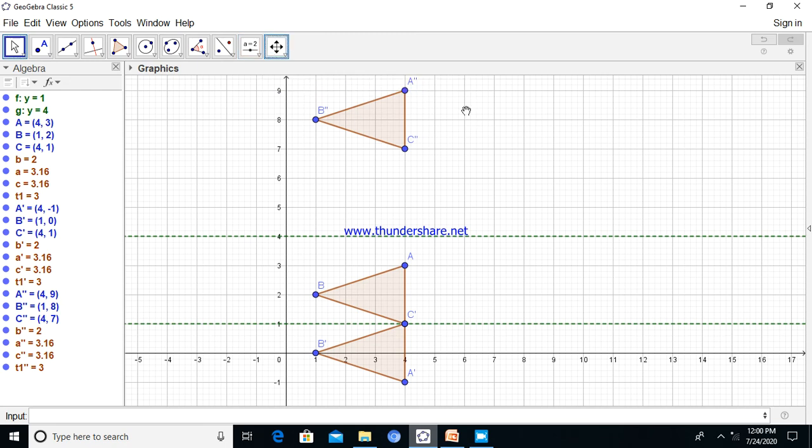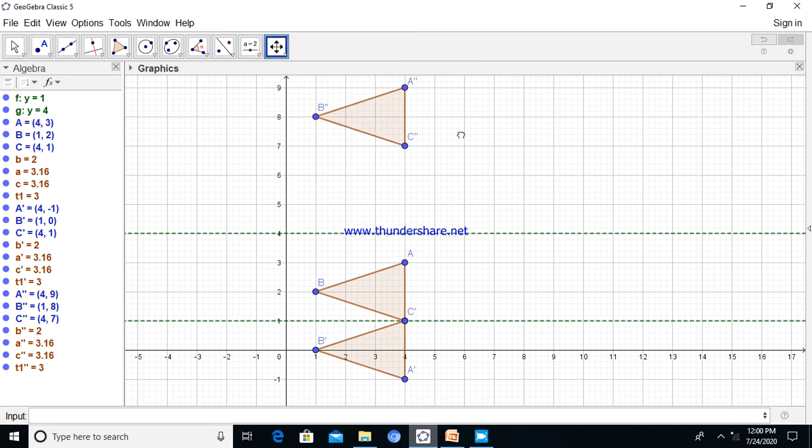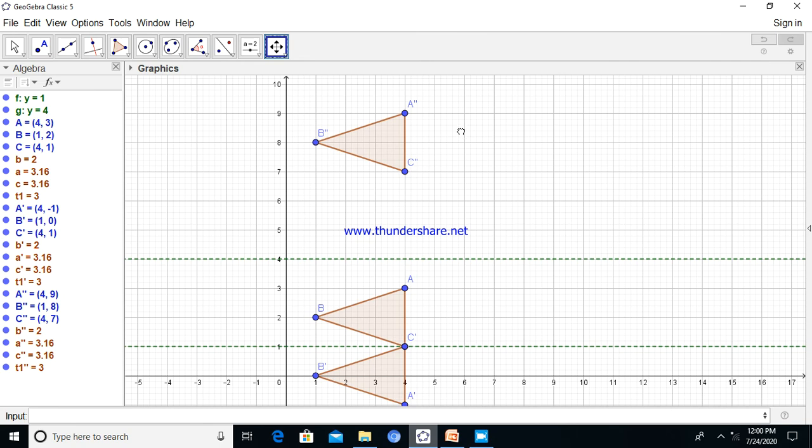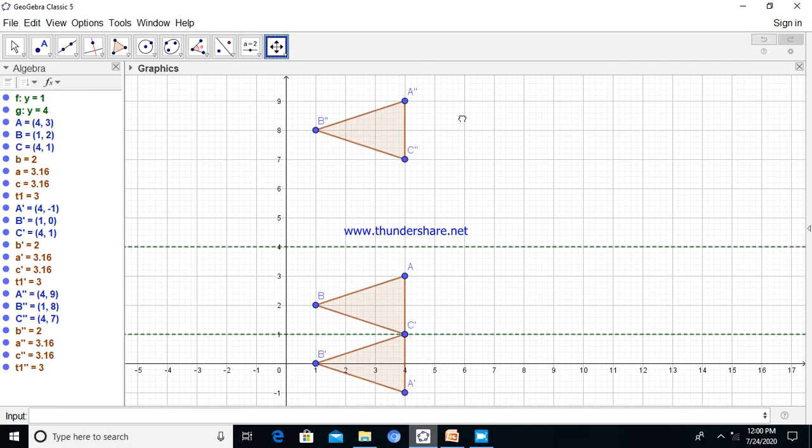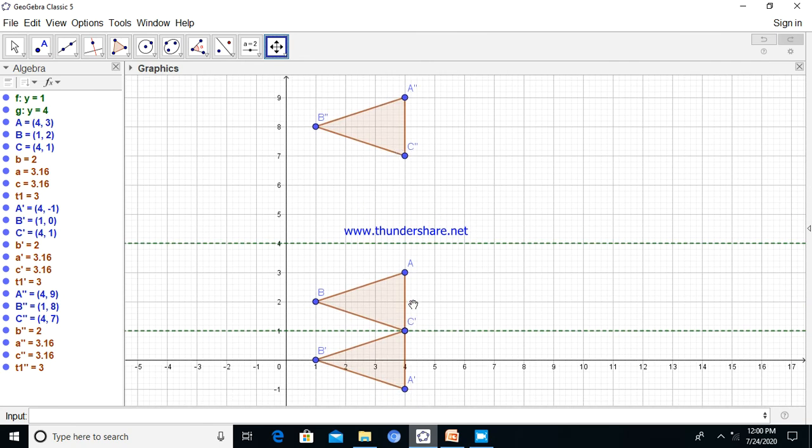Let me do some adjustment here. Okay, it's okay. I will make this image of triangle ABC, that is, the first image A dash, B dash, C dash, slightly colorful. I like to make it colorful.